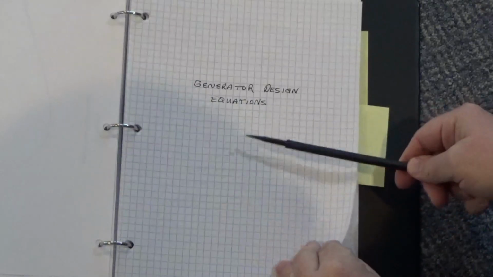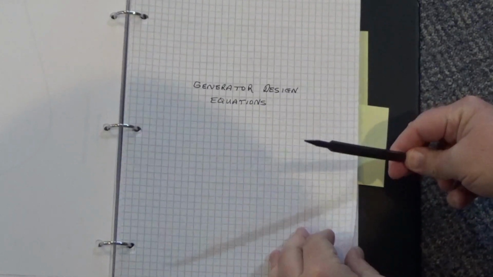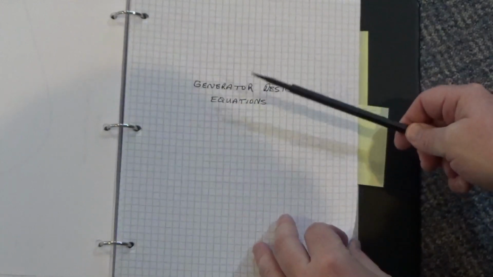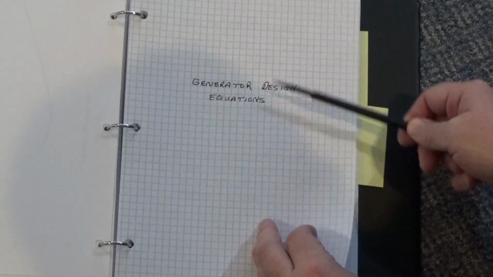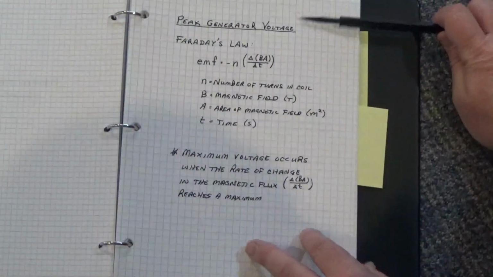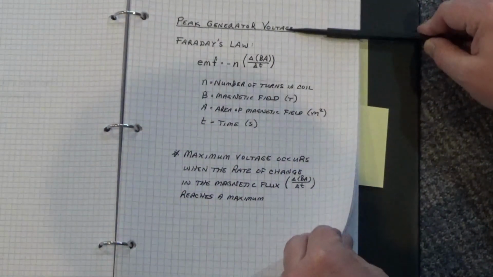Okay, we've got our specifications of the generator voltage and the speed at which we develop that voltage and stator resistance. Now we need some equations to convert those into design parameters. So I'm going to start with the peak generator voltage.